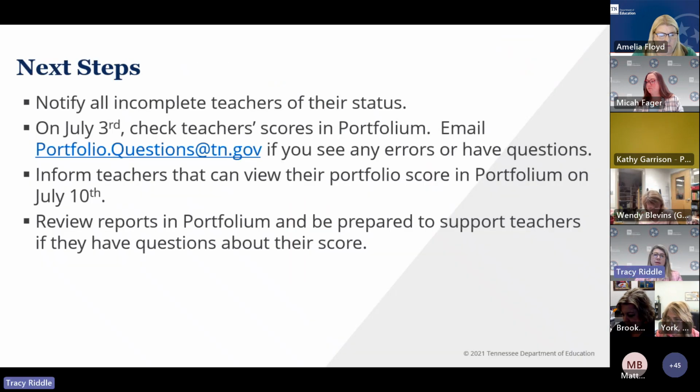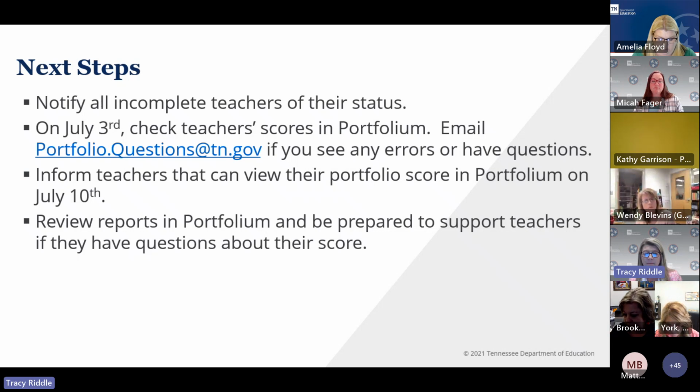So, next steps. Make sure you have already notified all of the teachers that were listed in your email as having an incomplete, so that they are not surprised when portfolio scores come out and LOEs are generated in the fall. Make sure your teachers know of their incomplete status.